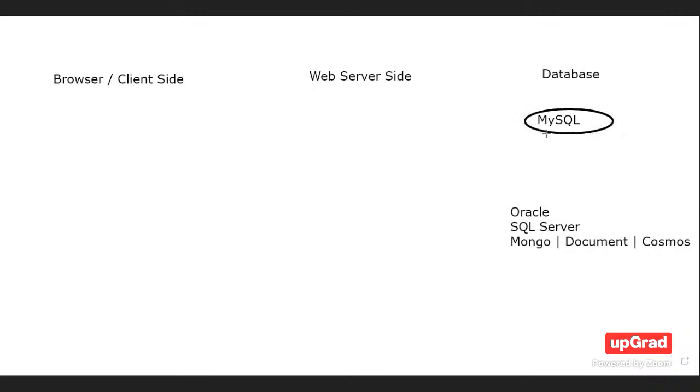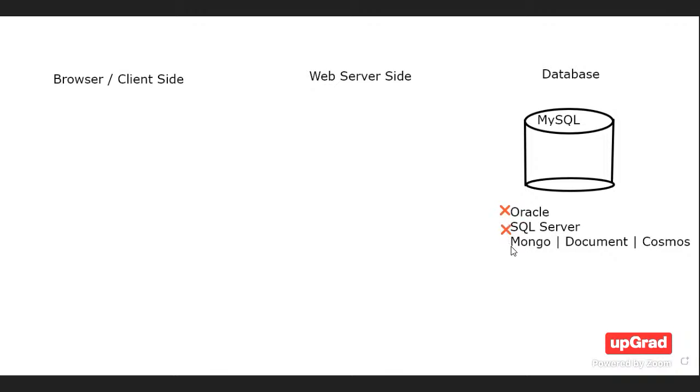An architect must be able to provide some sort of justification here. First of all, we did not pick Oracle because of the licensing cost, which is higher. When it comes to SQL Server, the licensing cost is even higher.